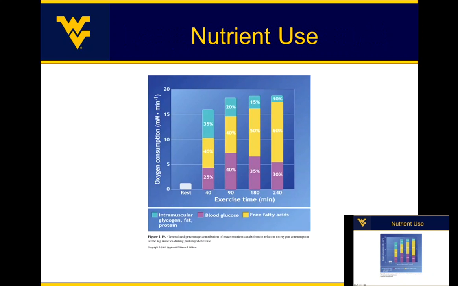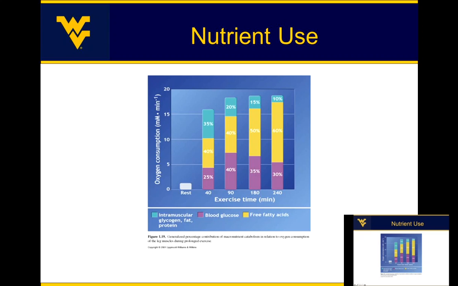Okay, a couple of things to talk about when we think about how you use fats versus carbohydrates when you exercise. This is kind of an overview, and this is looking at exercise time. You can see going from rest to, if you would do something for 40 minutes all the way up to 140 minutes, the percentage of the use of your fuels changes.